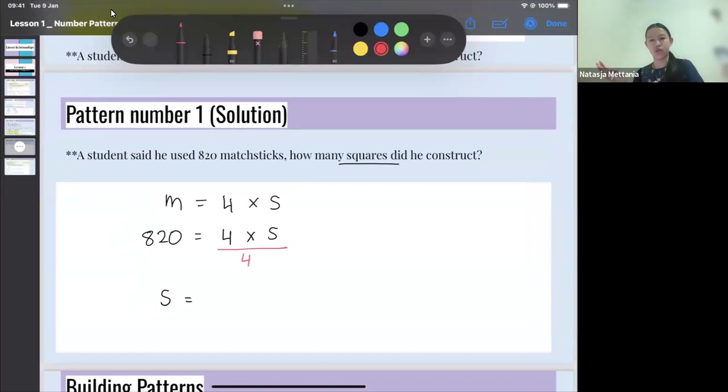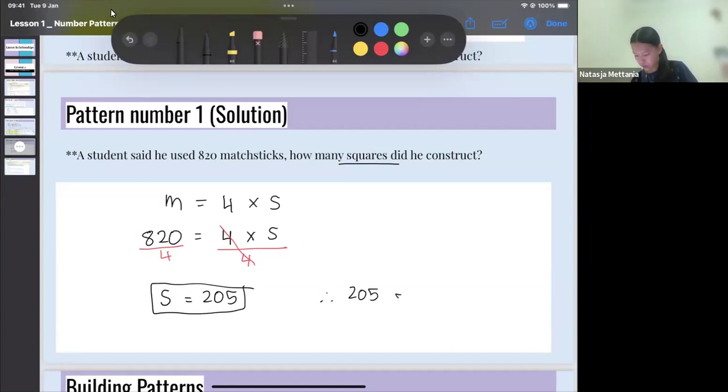Multiplication and division are opposites. Okay, divide this by 4. 4 divided by 4 gives me 1, so that leaves S out. I'm going to put in the calculator 820 divided by 4. That should give me 205. Okay, so that means that there are 205 squares.